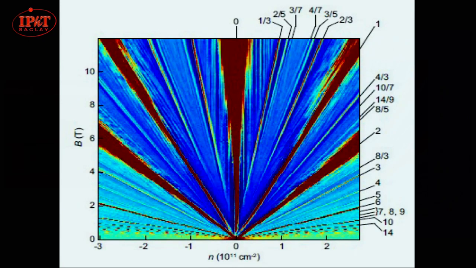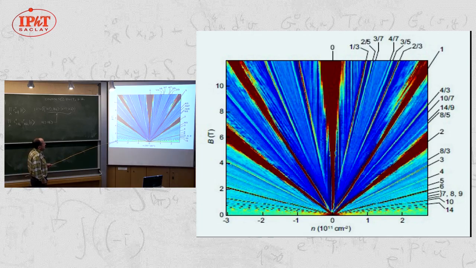So this is an experiment displaying the quantum Hall effect in graphene. In this case, you vary the magnetic field, that's the vertical axis, and then you are also able to vary the density. That's made by applying some electrostatic potential on top of the graphene layer. So without any extra potential, graphene neutrality is right here.